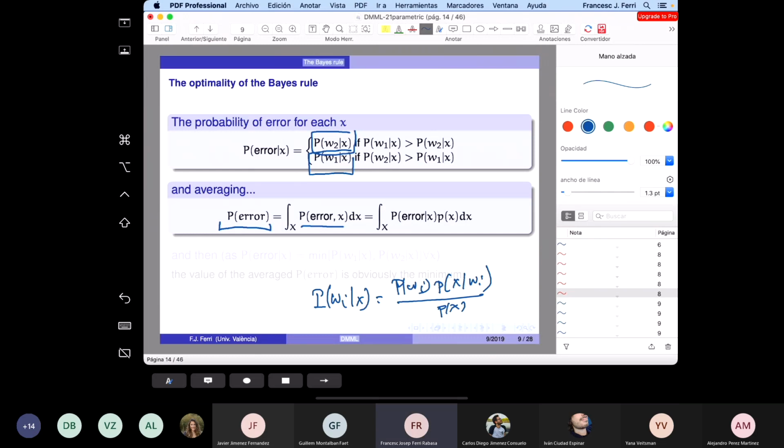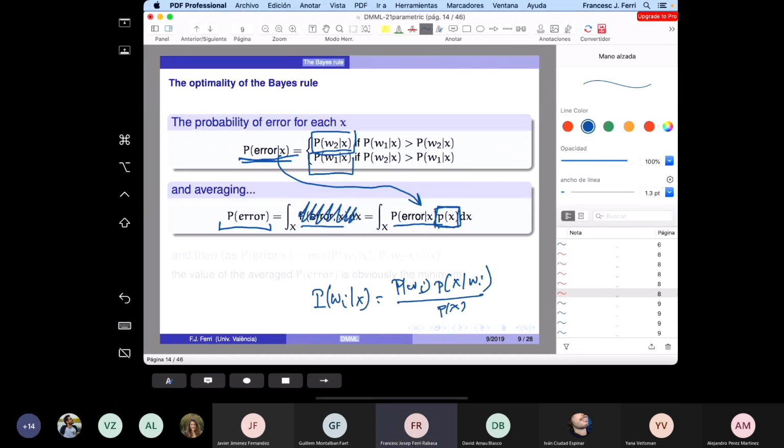Sorry, well, this is not exactly this. This is this. So when we compute this probability of error, we have to weight it by the unconditional.